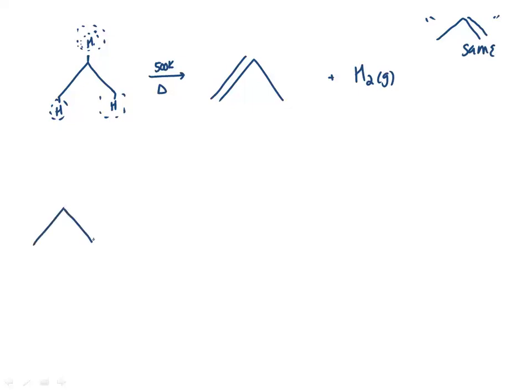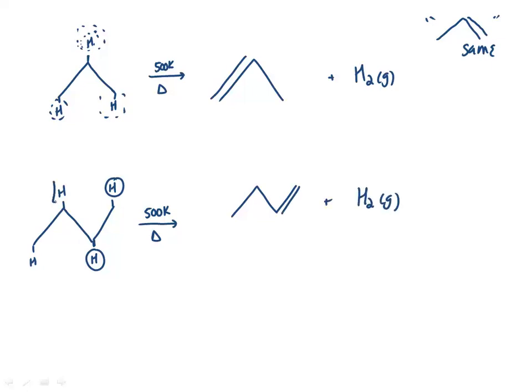And if we ramp it up one more notch, then we start getting things where we can have multiple products, because here I've got lots of hydrogens, right? Meaning I can lose this set of hydrogens and make my double bond there.